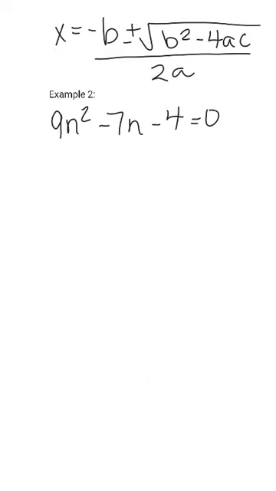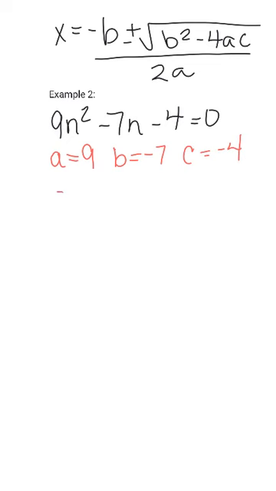All right, example 2. Again, if your problem's in descending order, I would start by identifying a, b, and c. A would be 9, b would be negative 7, and c would be negative 4. If it's in descending order, a is the first number, b is the middle number, c is the last number. Okay, and then plug them into your formula.